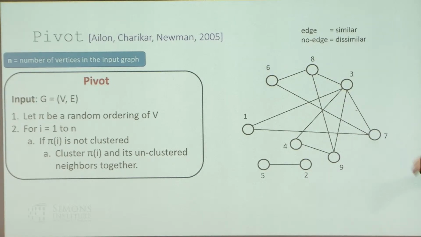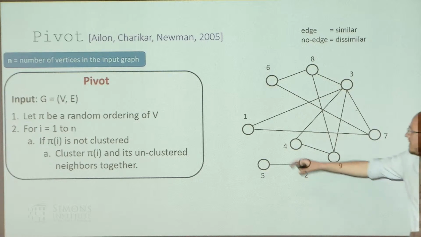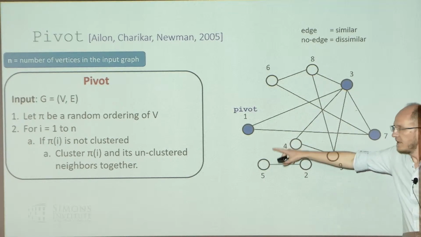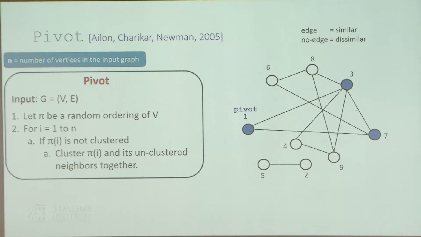Here is an example. Assume that the ranks, these pi values of the vertices, are 1 for this vertex, 2 for this vertex, and so on. What would this algorithm do? Well, 1 is the first vertex. It's not clustered, so it labels that vertex as pivot. Whenever some vertex passes this if, we call this vertex a pivot. It puts together in the same cluster 1, 3, and 7.